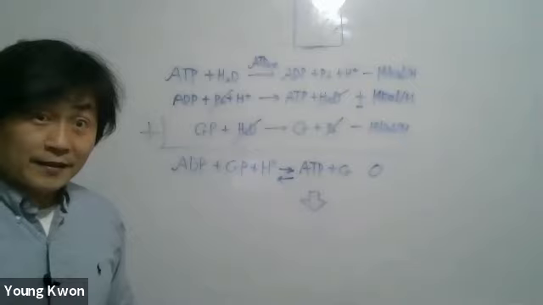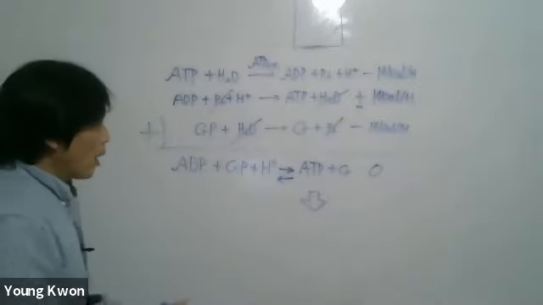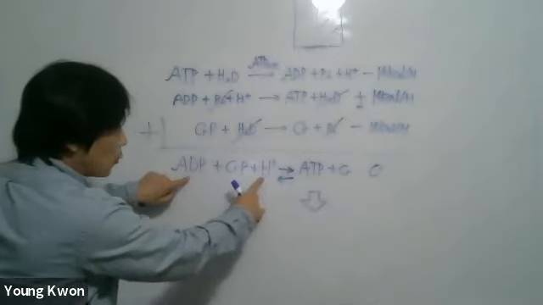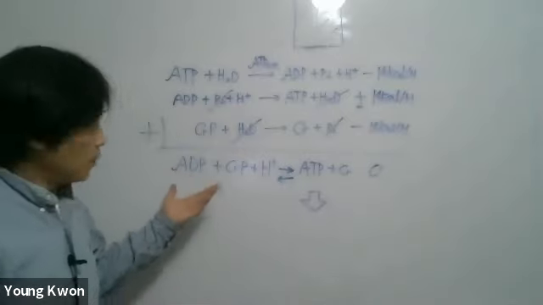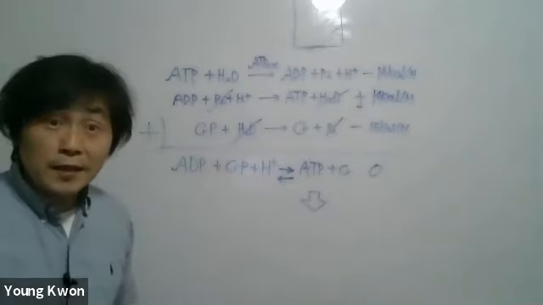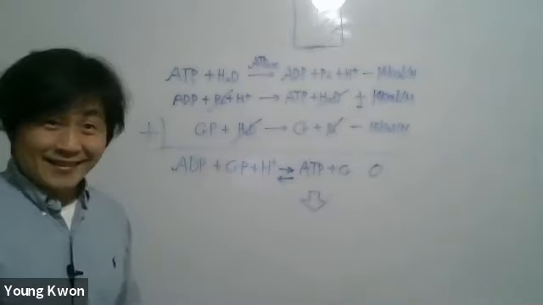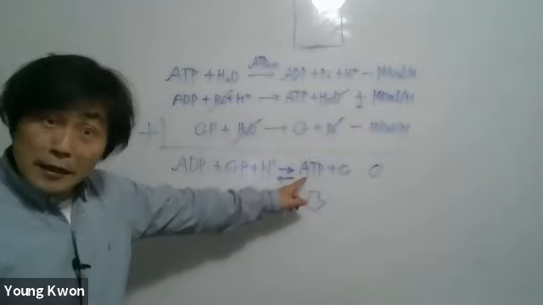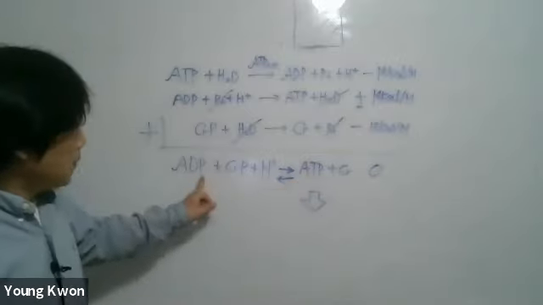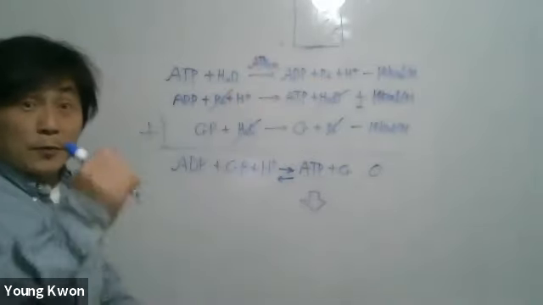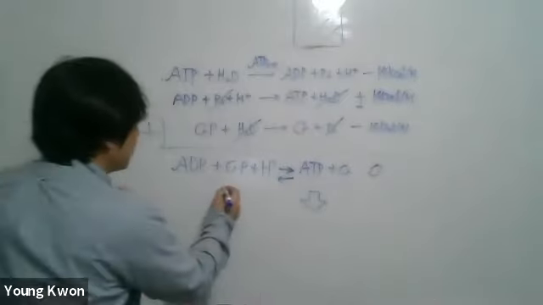Do you agree? And how about the left side? Do the concentrations of ADP and proton increase or decrease? Because you break down ATP, and ADP and proton are the product part, so they increase. So if you just start exercising, they increase.